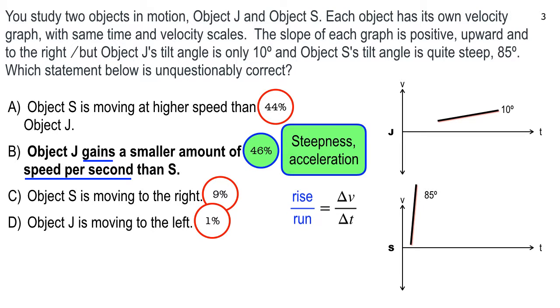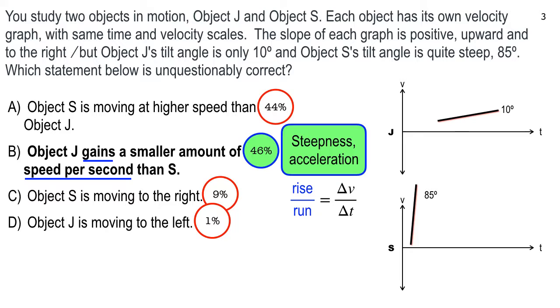The other way to think about that, steepness, rise over run, on a velocity graph, that's delta V over delta T. And delta V over delta T, that's the acceleration definition. So if I say that object J is gaining a smaller amount of speed per second, that means it's not as steep. And that is definitely true.